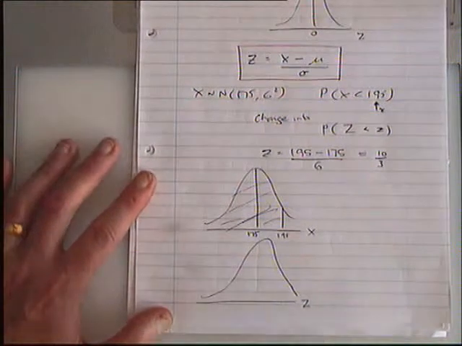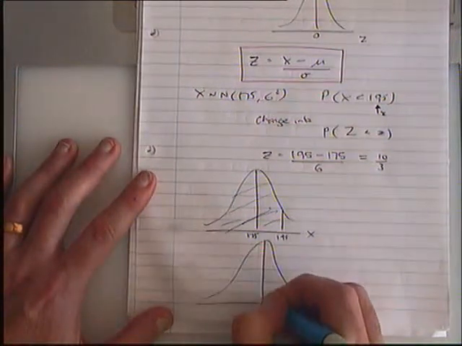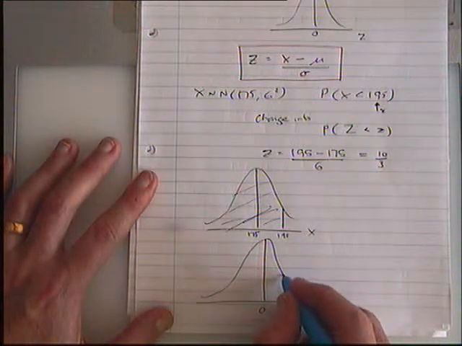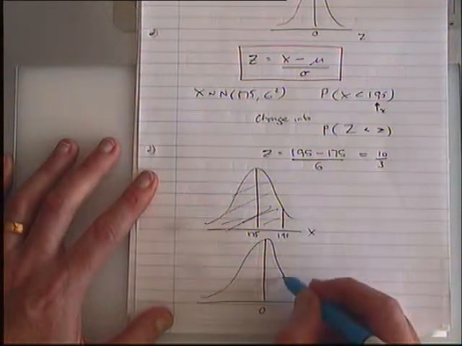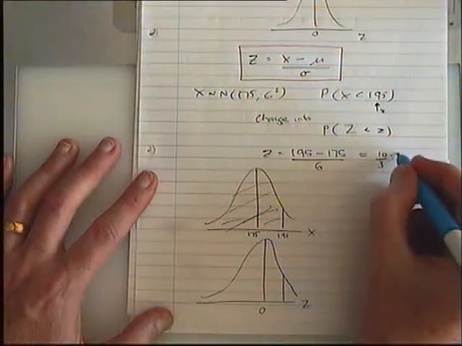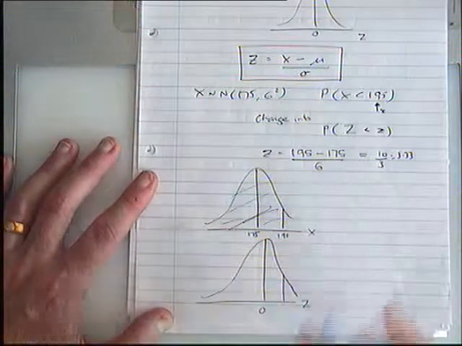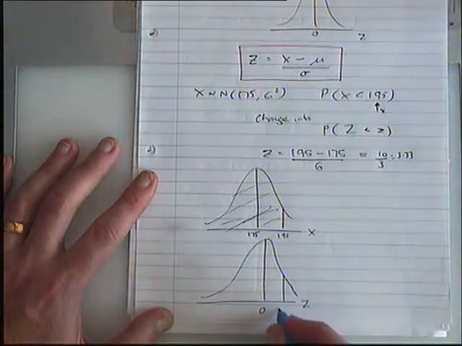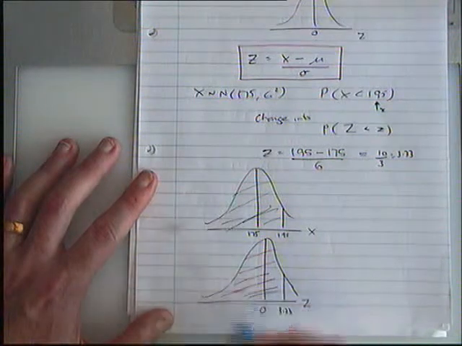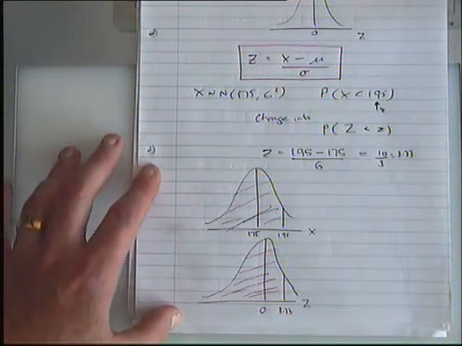I converted this into a Z diagram with a mean of 0, and I'm interested in 10 over 3, which is 3.33. So I'm now interested in, on this new curve, this area here, and those areas are the same.